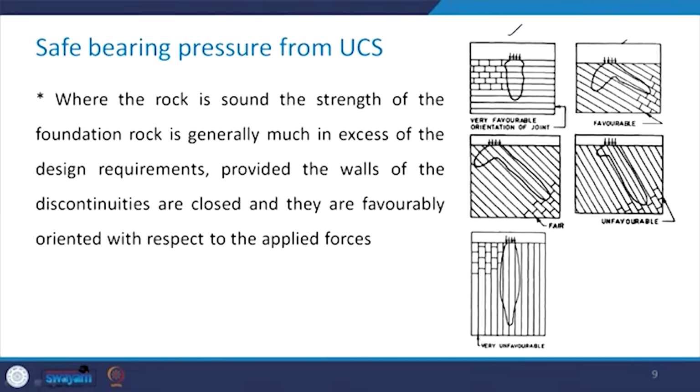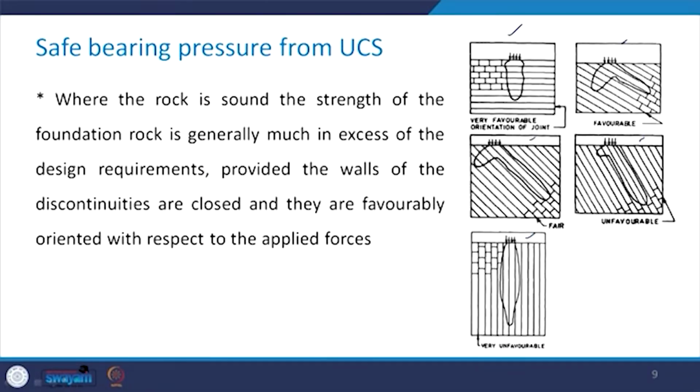Provided the walls of the discontinuities are closed and these discontinuities are favorably oriented with respect to the applied forces. Now when I say whether these are favorably oriented or unfavorably oriented, I explained these situations with the help of these figures.